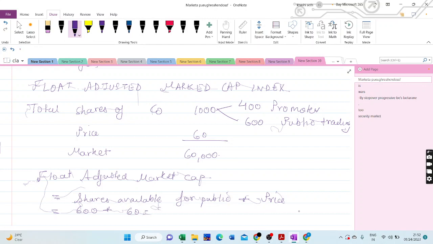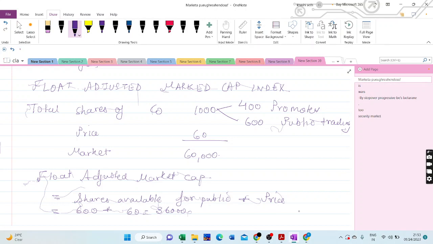That is how much? 36,000. So the market capitalization of this particular stock is $60,000. But if we adjust for float, the float adjusted market capitalization is $36,000.